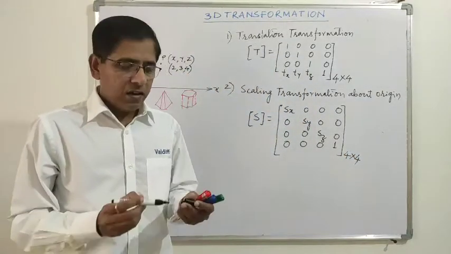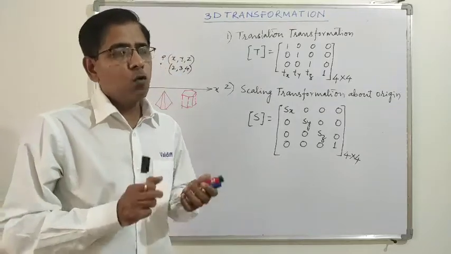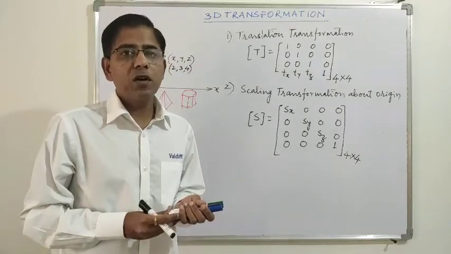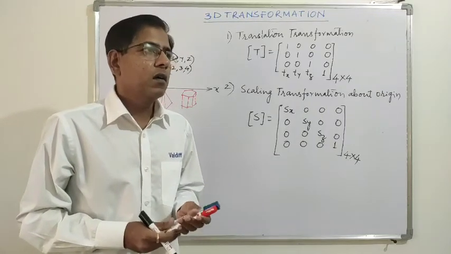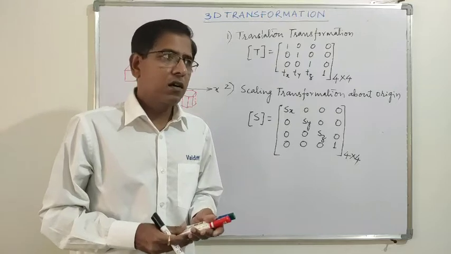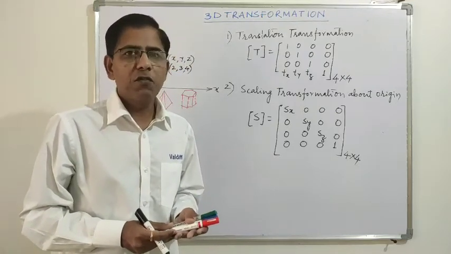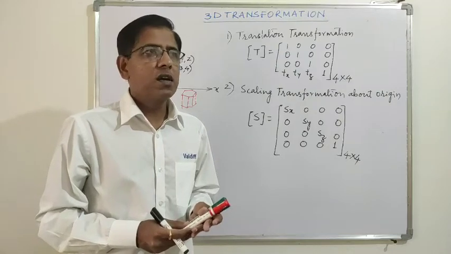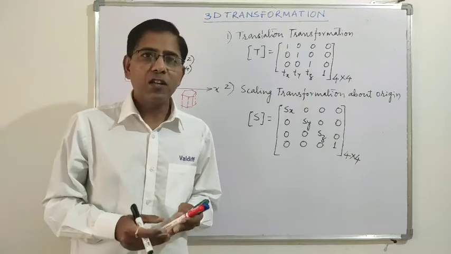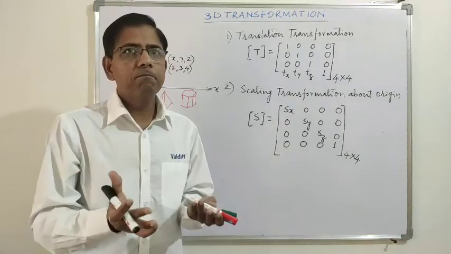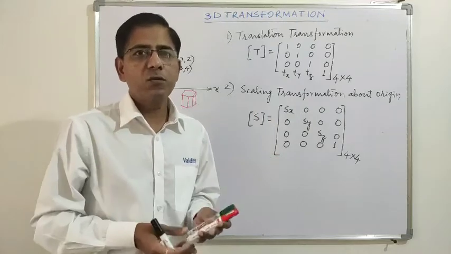Okay. Now the third type of transformation is rotation transformation. Now rotation transformation is very important in 3D. So when you see a two-dimensional drawing of an object, front view, top view, side view, then sometimes it becomes very difficult to imagine the actual geometry of an object, okay, actual shape of an object.